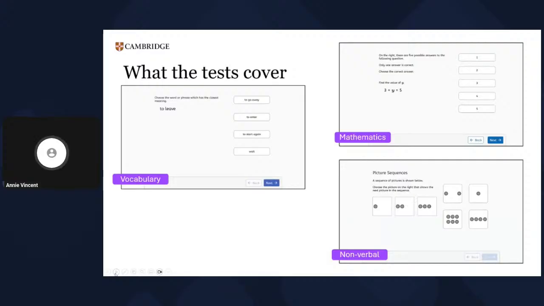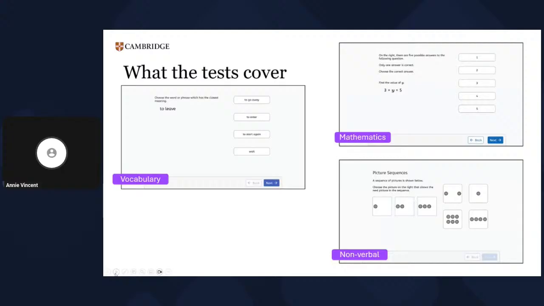And then, as I said, we have this third module, this non-verbal reasoning, and this measures a student's analytical skills. That's their ability to make meaning from pictures and shapes by recognizing patterns, by matching and understanding 3D visualizations.